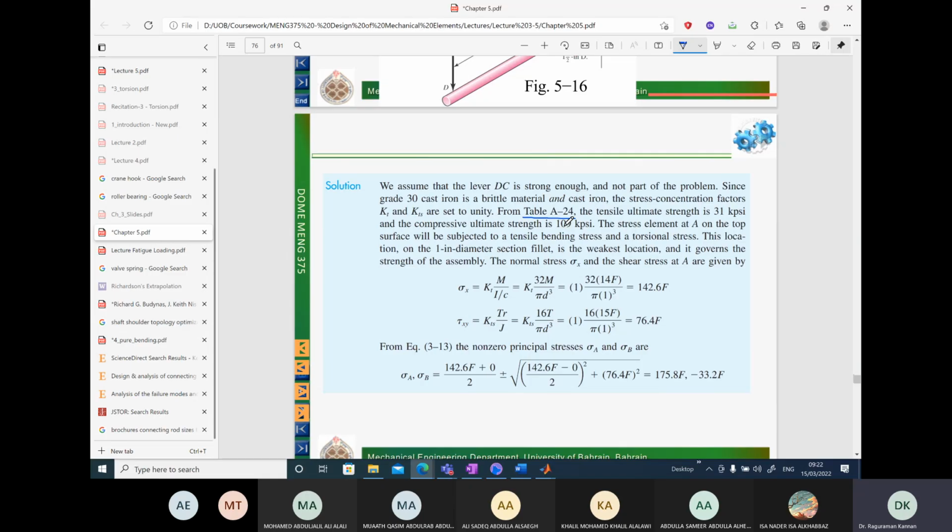Table A-24 gives you the ultimate tensile strengths, in kpsi, in tension and compression. So these are the values.